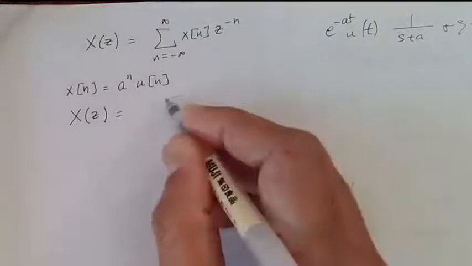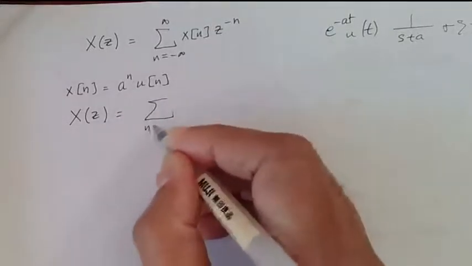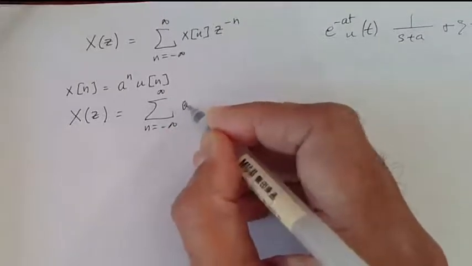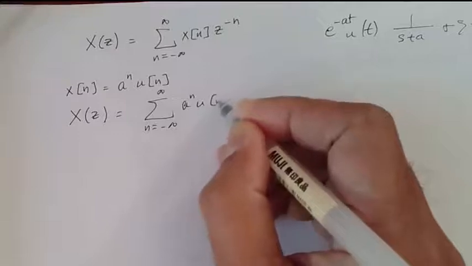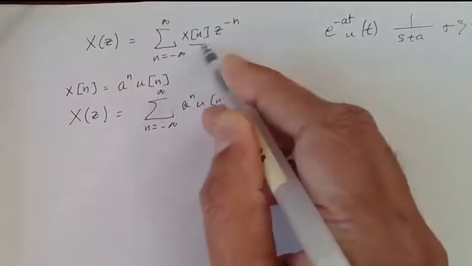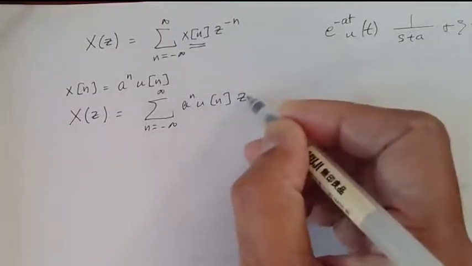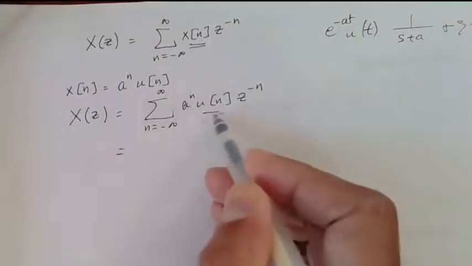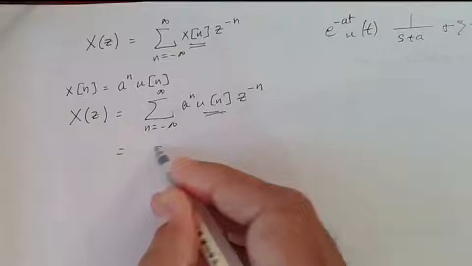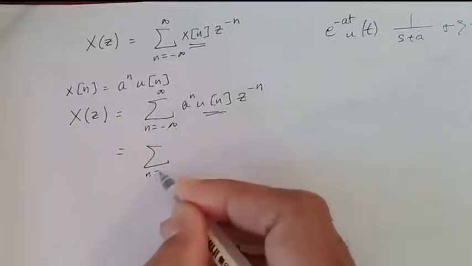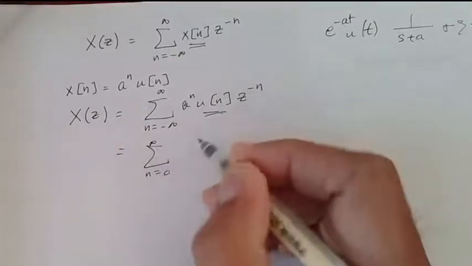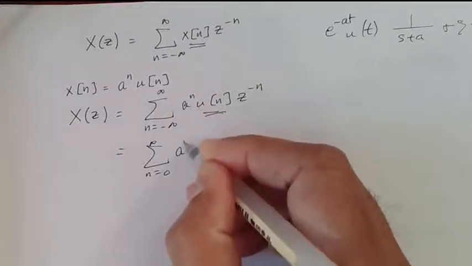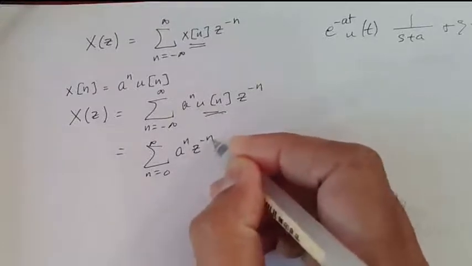So x of z is equal to the summation from n equals minus infinity to infinity of a to the power n u of n, that's x of n, multiplied by z to the minus n. And because I have this u of n here, the lower limit will go to 0. So that's n equals 0 to infinity of a to the n z to the minus n.